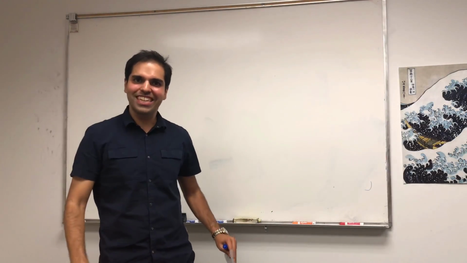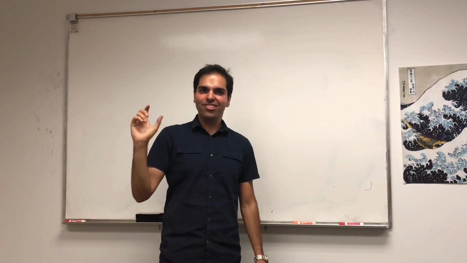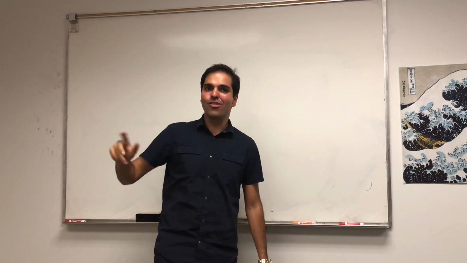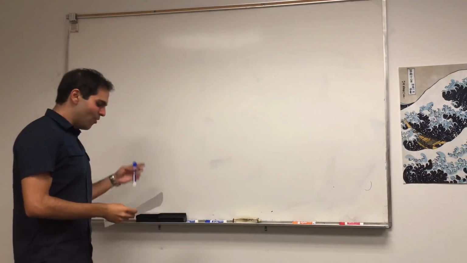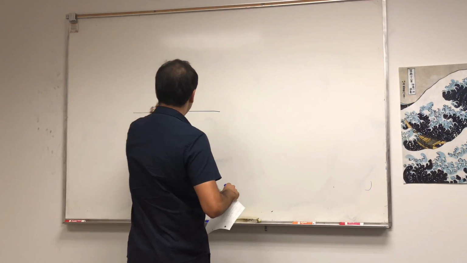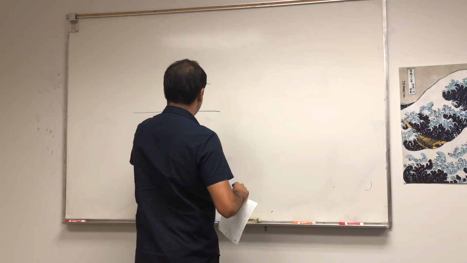Hi, thanks for watching, and today I want to describe Newton's method and also prove a cool error squared convergence rate theorem. So what is Newton's method? Suppose you have a function f and it has some 0 at x star.